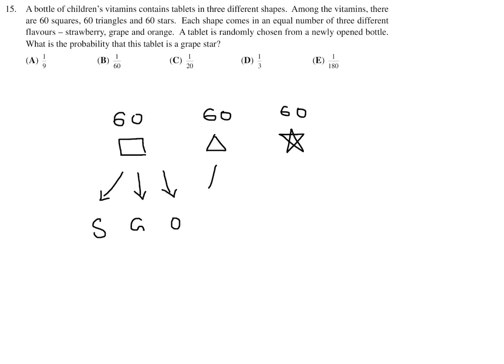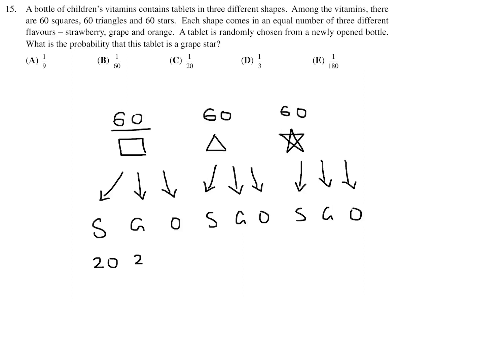Very similarly, the triangles have an equal number of strawberry, grape, and orange, as do the stars. So if there's 60 squares, and there's an equal number of strawberry, grape, and orange, then of each of those there's 20. And the exact same thing holds true for the triangles and for the stars.